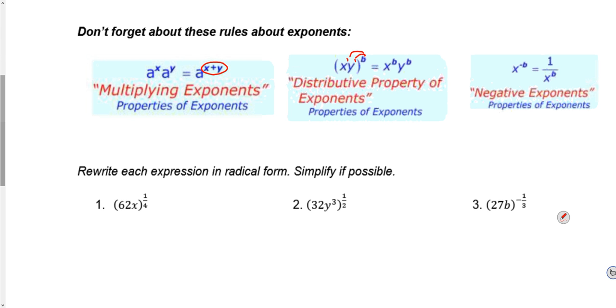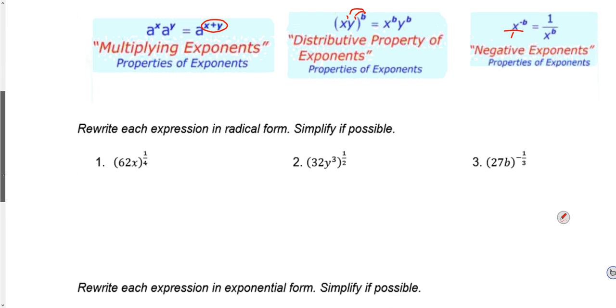You're going to have to multiply exponents that are fractions with whole numbers. That's not a problem because you can always type it in the calculator. And then you just have to remember how to fix negative exponents. We fix negative exponents by figuring out where they are in the current fraction and then just moving them to the other location. So this one is on top, so I move it down to the bottom.